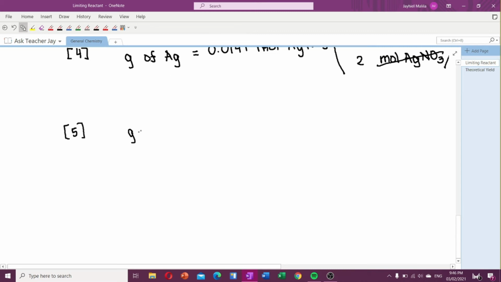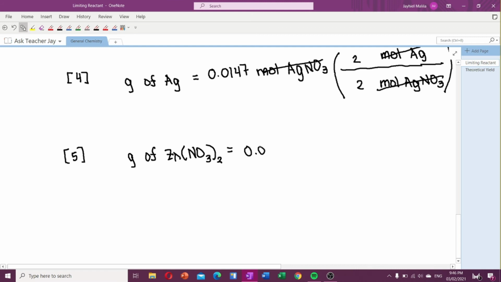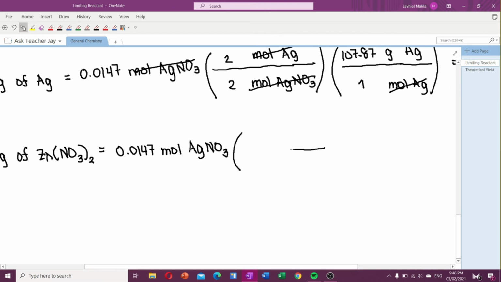Again, we have to start with the value of your limiting reactant, AgNO3, and then we need to convert the moles of AgNO3 to moles of zinc nitrate.